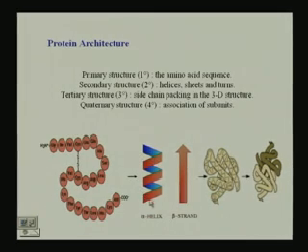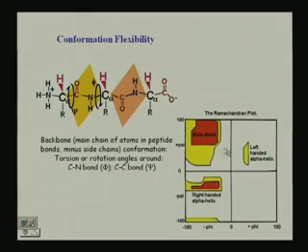After the secondary structure, we considered the tertiary structure of a protein, which is the native folded form of the protein, and in some cases there may be an association of subunits leading to a quaternary structure of the protein, for example like in hemoglobin.